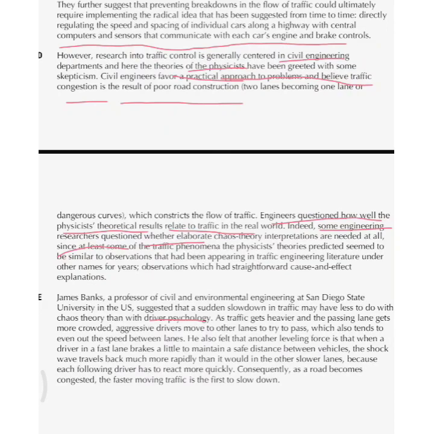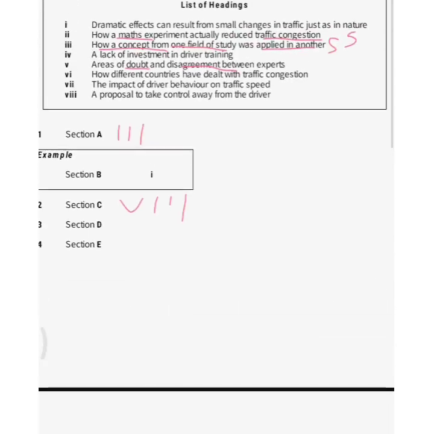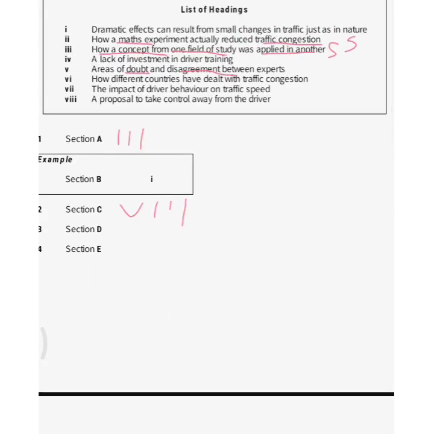So here I believe they're just talking about the driver's psychology, how the mindset of the driver leads to changes in the traffic. So we will look for the options where we were talking about the driver. So we will look for the seventh, the impact of drivers' behavior.